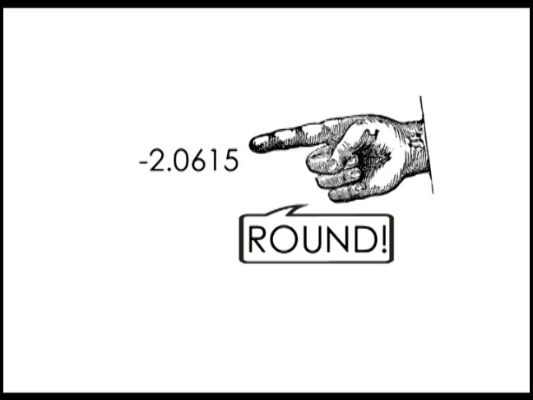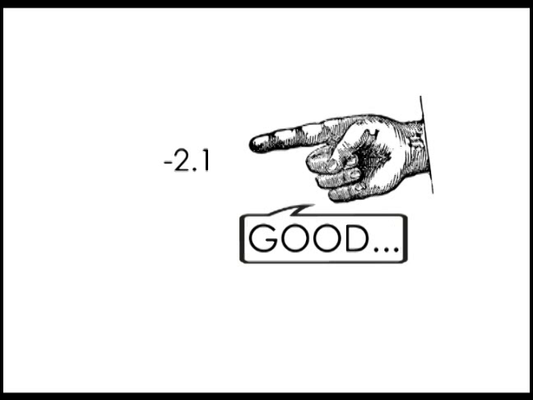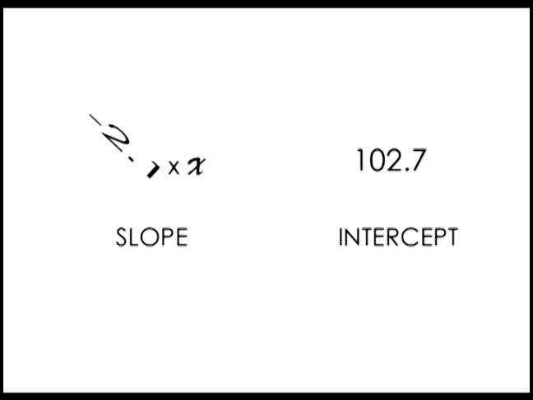In the equation are 2 numbers, negative 2.0615, which we will round to negative 2.1, and 102.7. Negative 2.1 is the slope of the line. We can tell this because it is the value that is multiplied by the x. 102.7 is the intercept.